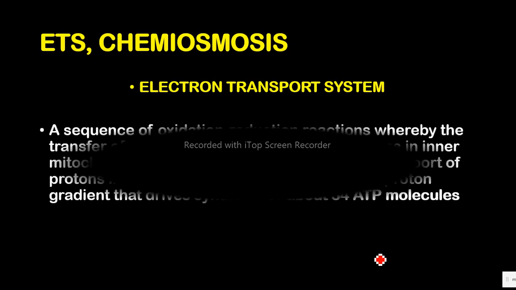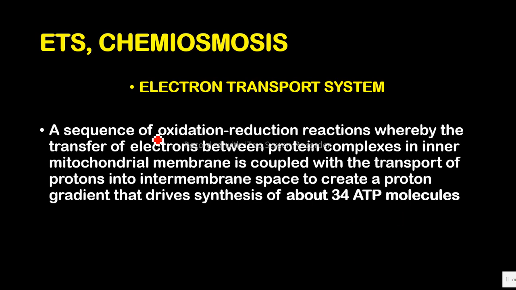So the electron transport system is a sequence of oxidation reduction reactions, or you can call it a sequence of redox reactions, whereby electrons are transferred between the protein complexes in the inner membrane of the mitochondrion. Okay? We are going to talk about this and you'll be able to appreciate.